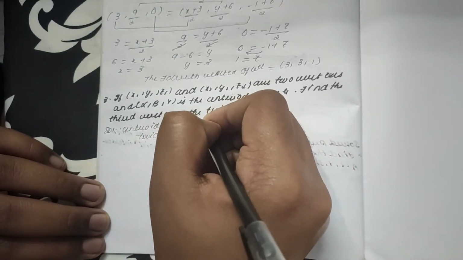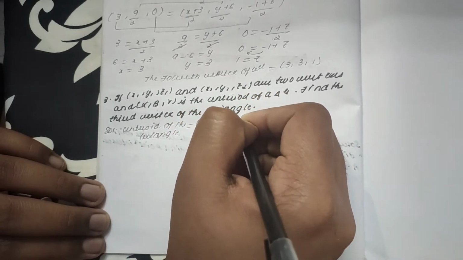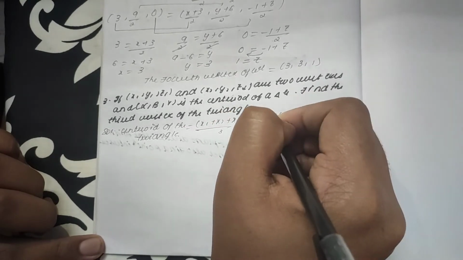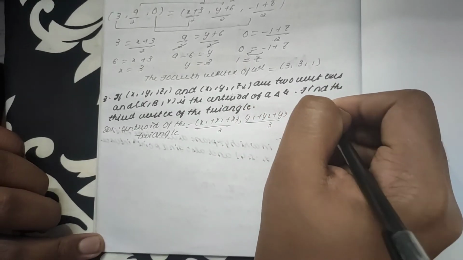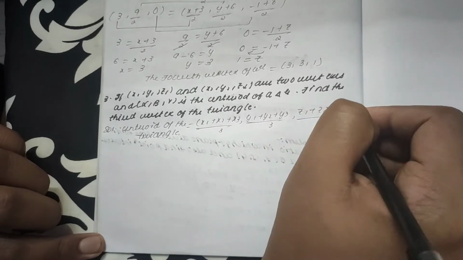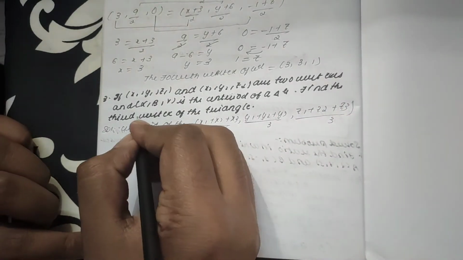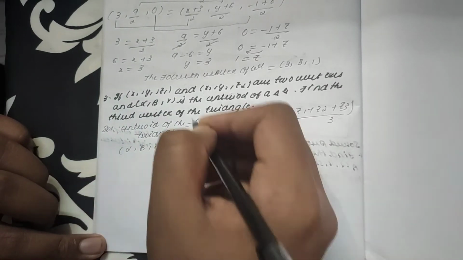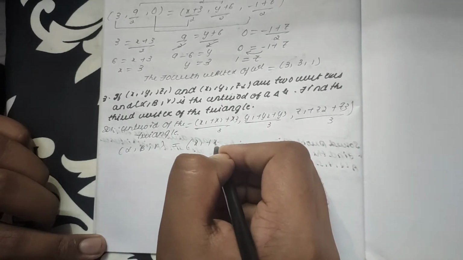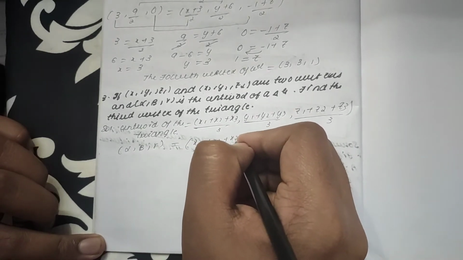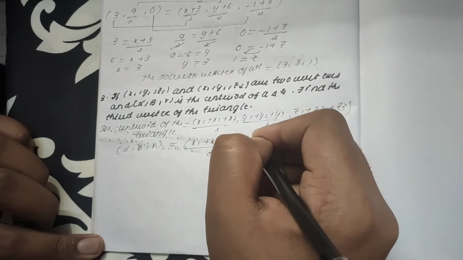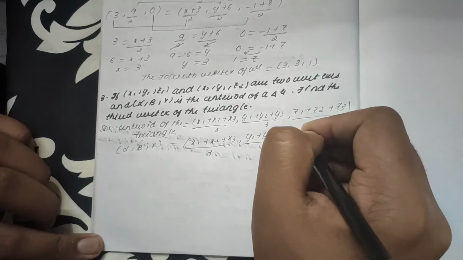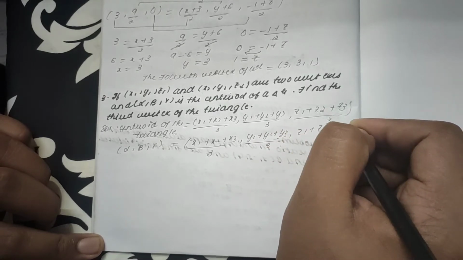is (x1 plus x2 plus x3) by 3 comma (y1 plus y2 plus y3) by 3 comma (z1 plus z2 plus z3) by 3. It is given that the centroid of the triangle is alpha comma beta comma gamma, and substitute these values.